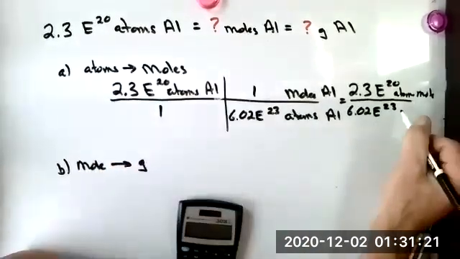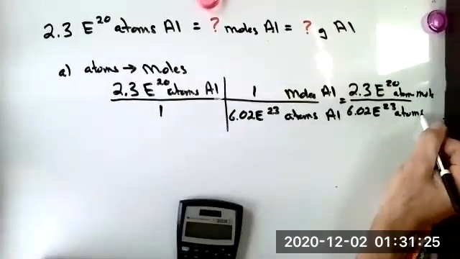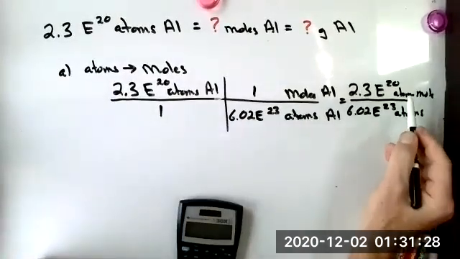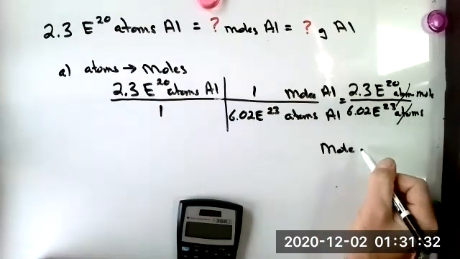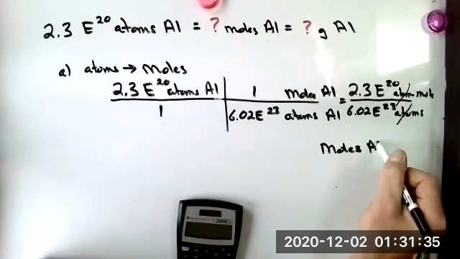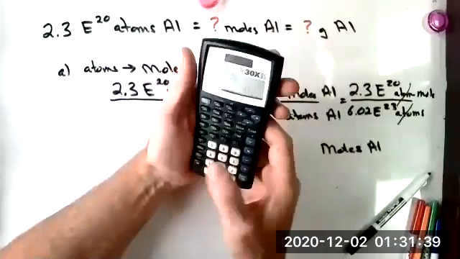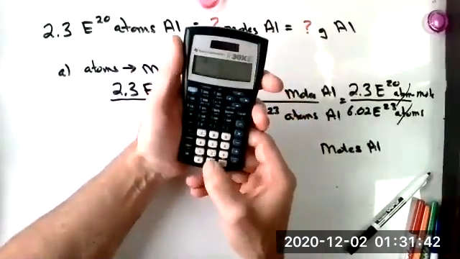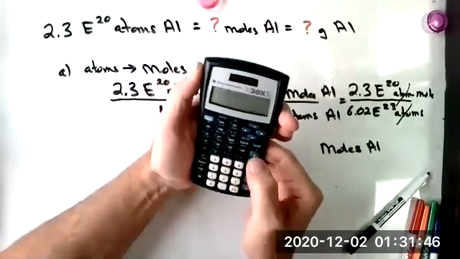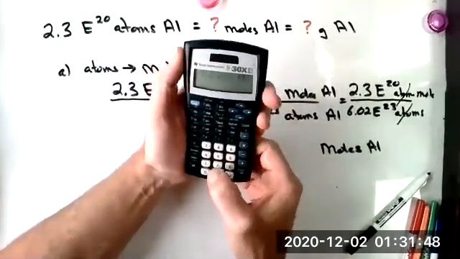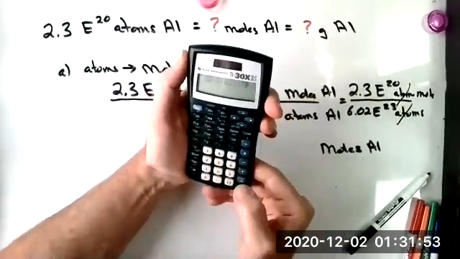And looks like atoms will be on the bottom in terms of units. Hey, I can cancel those 2 out. Those are gone. Mole is going to survive. And I know that it's aluminum. Now in my calculator, 2.3 times 10 to the 20th divided by 6.02 times 10 to the 23rd.